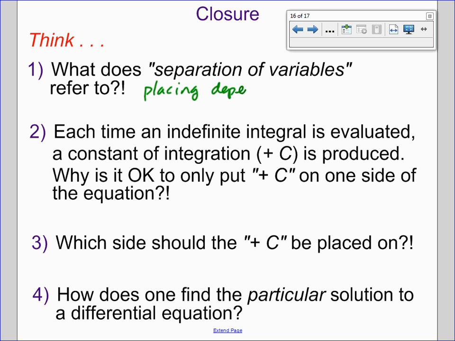So I'm placing the dependent and independent variables on opposite sides of the equation.